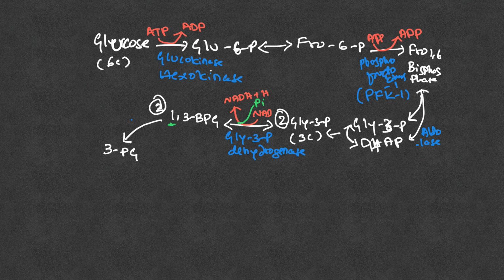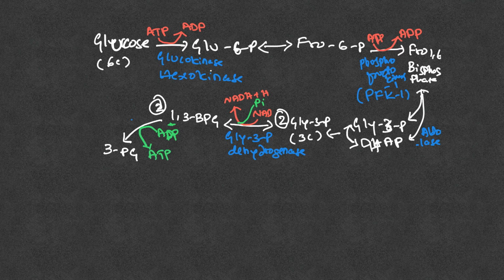I'll just write it as 3PG. PG means phosphoglycerate, 3-phosphoglycerate. So during this process, there will be generation of ATP. That's one of the important steps here. So the ADP will undergo phosphorylation in the reaction and become ATP, adenosine triphosphate.